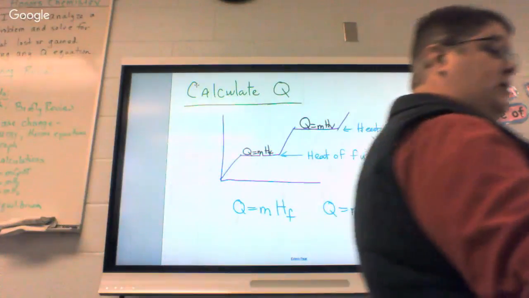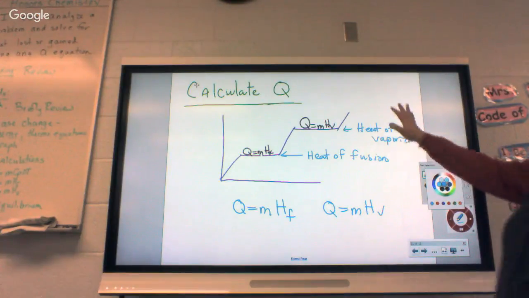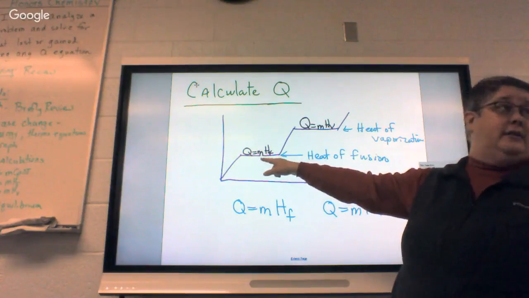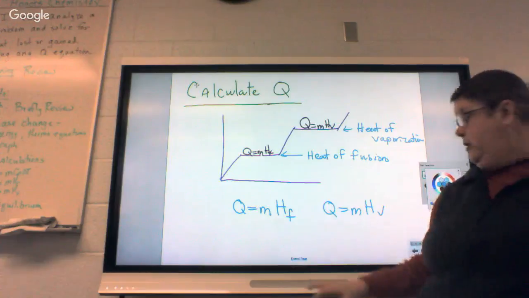Now, because Q is an energy or a heat, and the phase change only loses or changes heat, not temperature, we have to be able to calculate the amount of heat energy that's lost or gained. I'm just telling you how this is related. This graph that we just drew, we said this point didn't change temperature, right? It changed in energy.